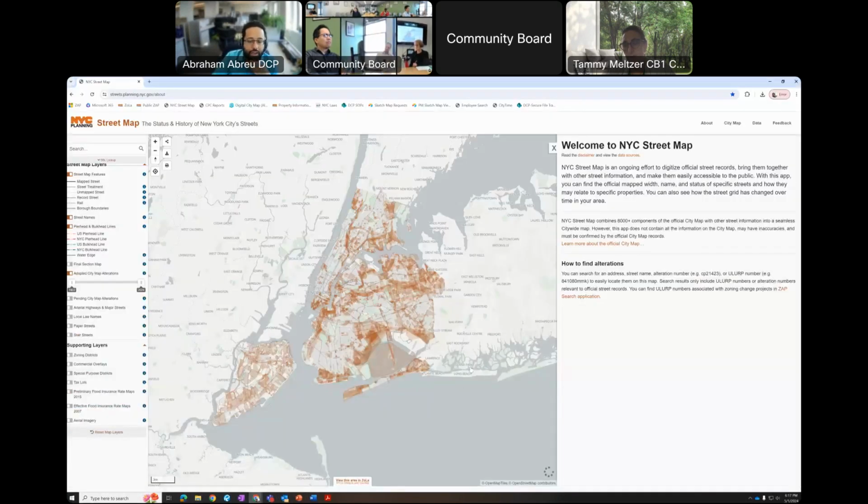All right, we're seeing the website. Great. So, a few things on the interface. Whenever you first open up streets.planning.nyc.gov, it has this nice little welcome to the street map blurb on the side. And it's actually kind of nice because if you open up this little link here, it says learn more about the official city map.